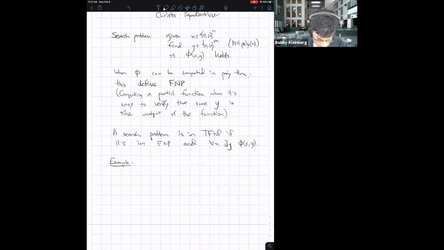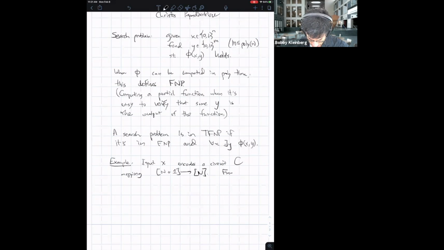We can say that the input X encodes a circuit that maps integers in the range 1 through n plus 1 to the range 1 through n.